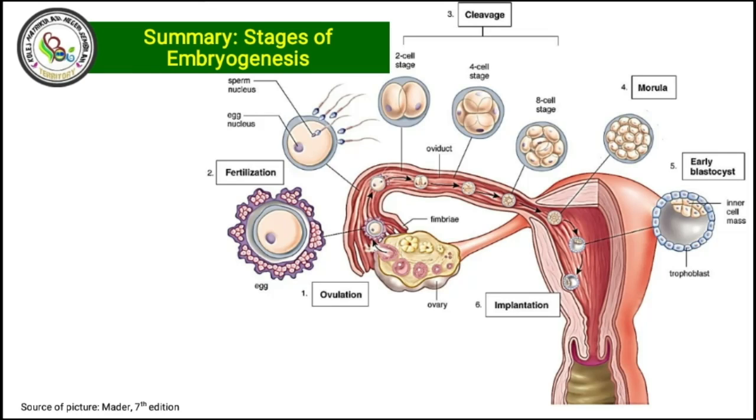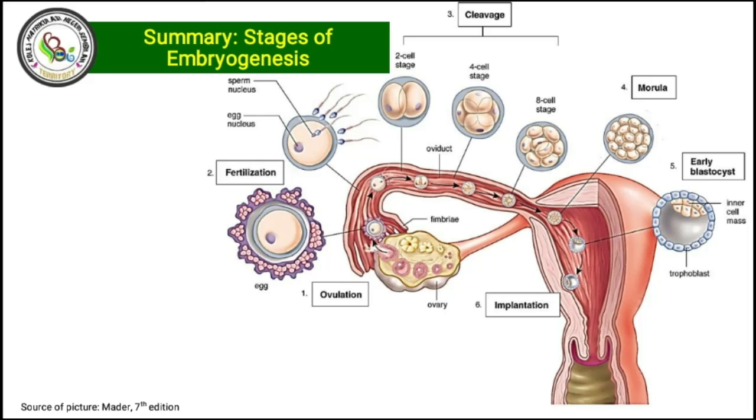This diagram summarizes the stages of embryogenesis. After ovulation, fertilization occurs and a zygote is formed. The zygote then undergoes cleavage, forming the 2 cell stage, 4 cell stage, 8 cell stage, and eventually forming a morula. The morula undergoes more cleavage, forming more than 100 cells.